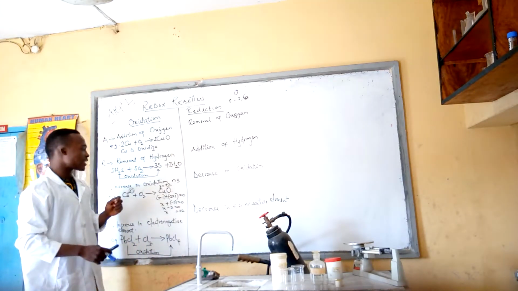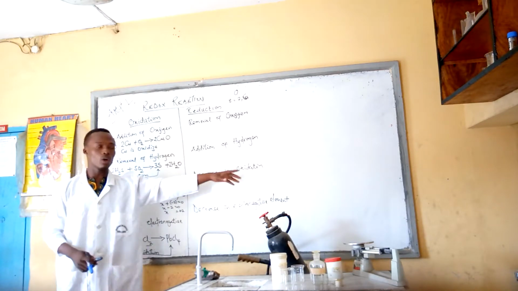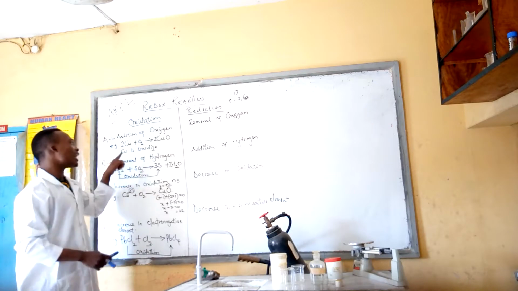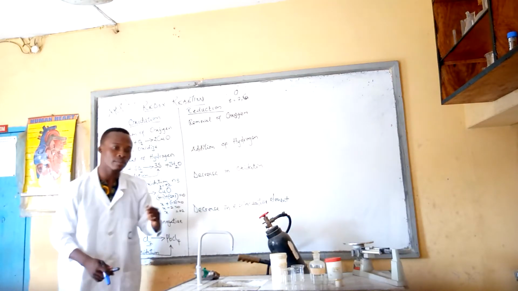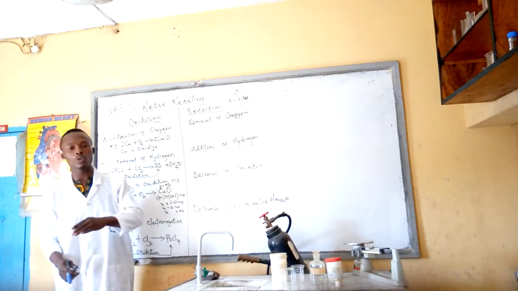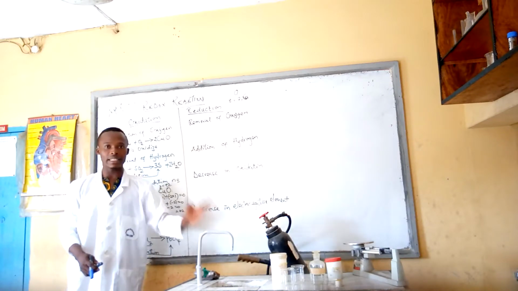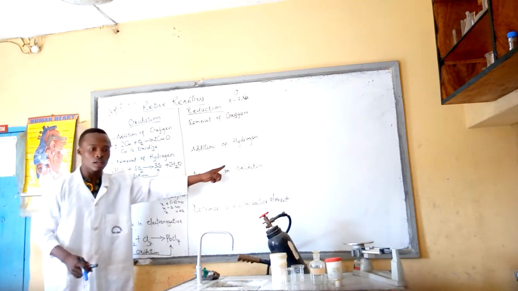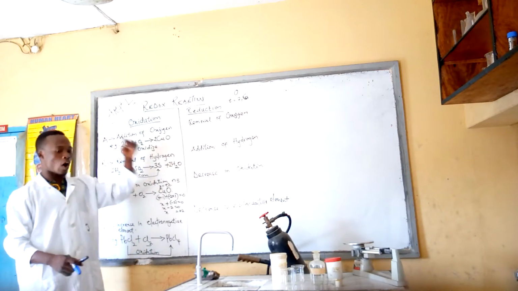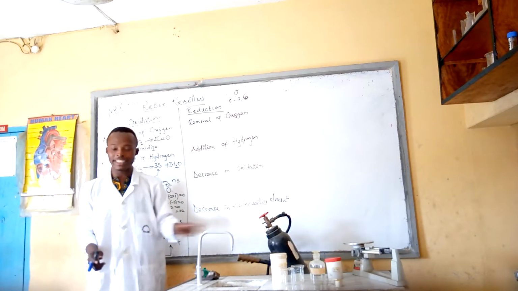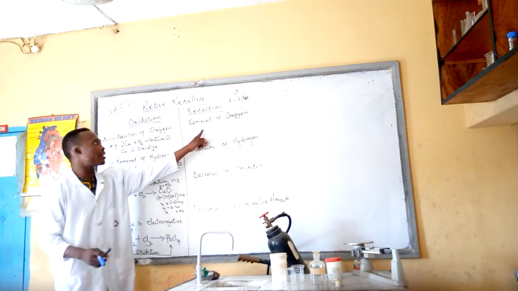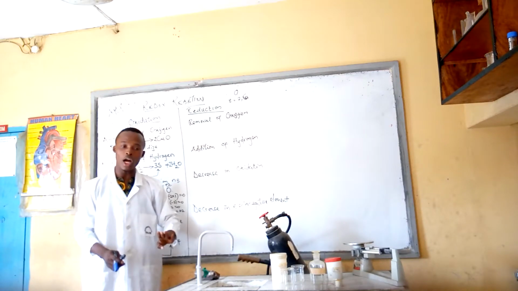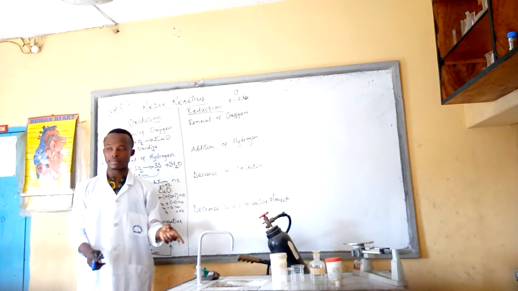The note is that any element that undergoes oxidation has been oxidized and also is a reducing agent. Now, any element that undergoes reduction has been reduced and also is an oxidizing agent.